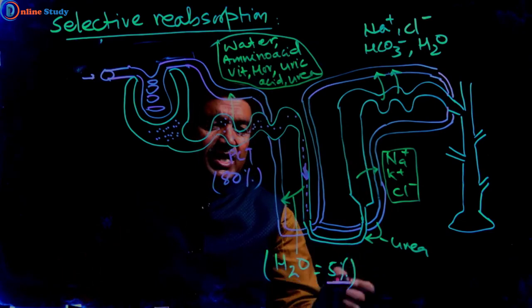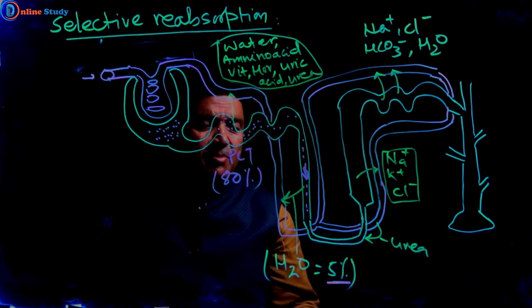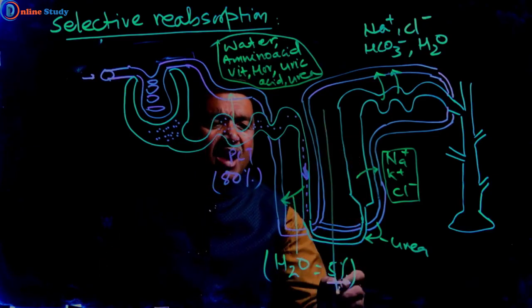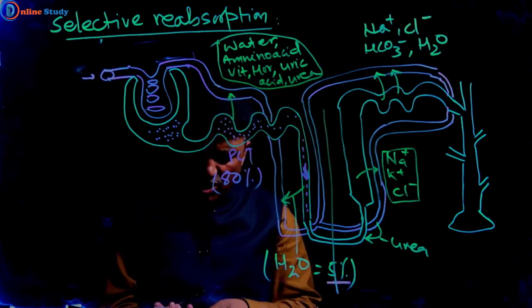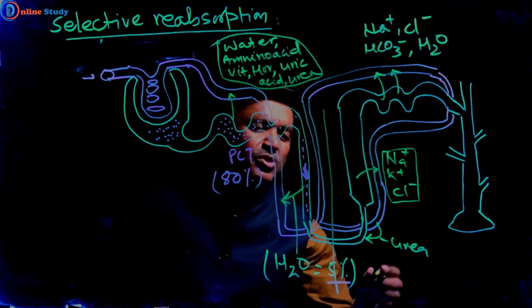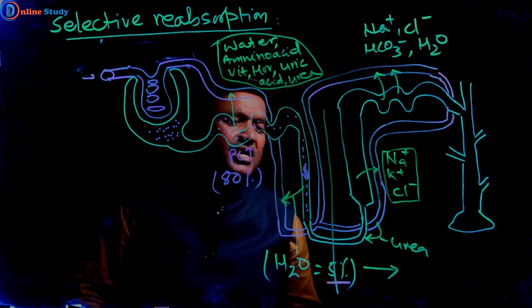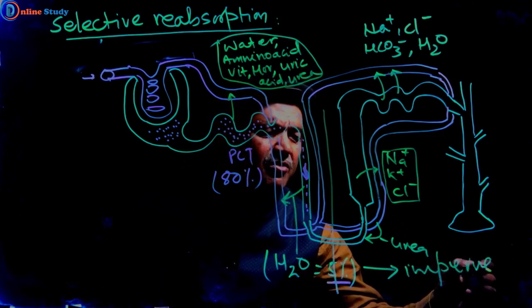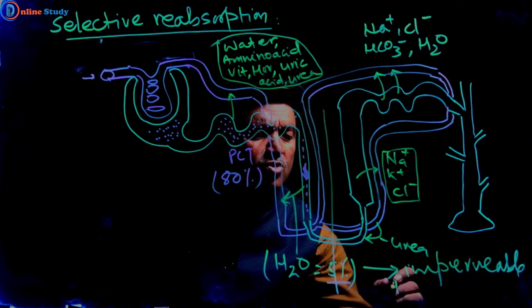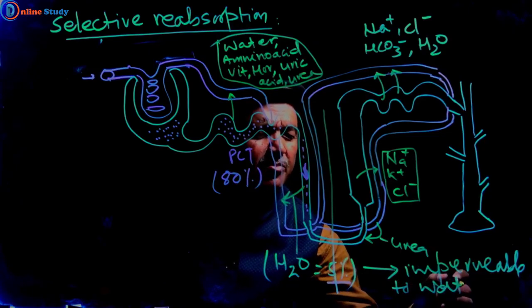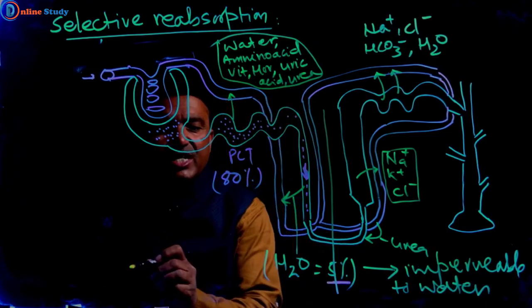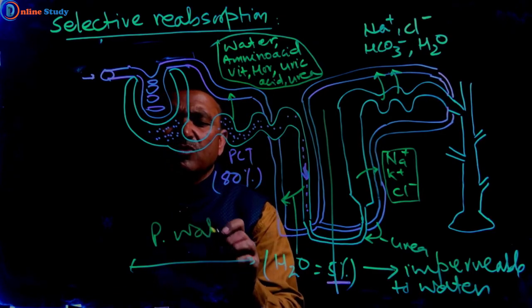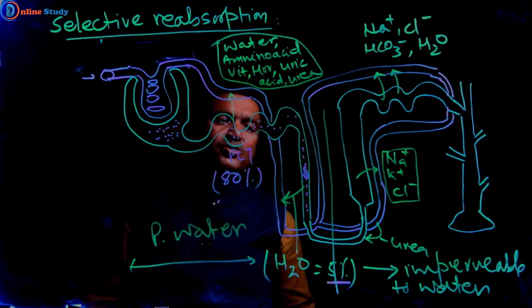We know the ascending part is almost impermeable to water. We have already read that it is impermeable to water and permeable to salt, but the descending region is permeable to water and impermeable to salt.